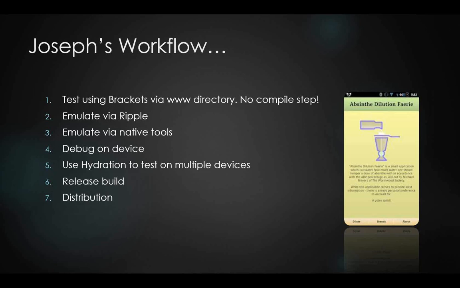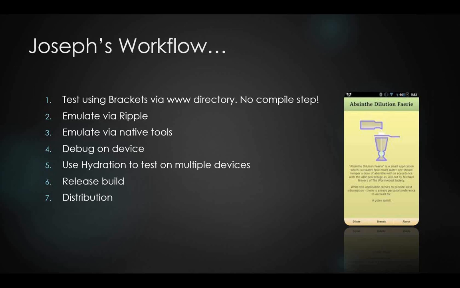My particular workflow, what I found works really good for me, and of course, just like regular web development, this is going to change from person to person. I normally test using Brackets first of all, because I don't have to even deal with compiling. This is really useful when you're laying out your application and editing the basic HTML and CSS and so forth, because you can immediately see what's going on. The next step is to emulate with Ripple. Once you start getting into the meat of it, you want to look for those device-ready events and different things to fire off. You can do that with Ripple.